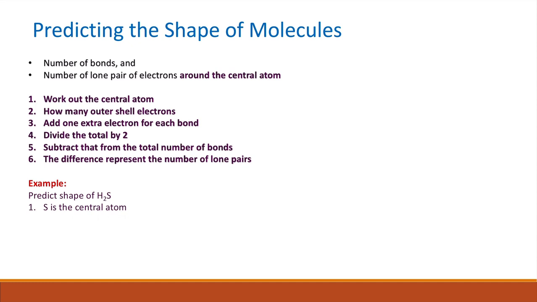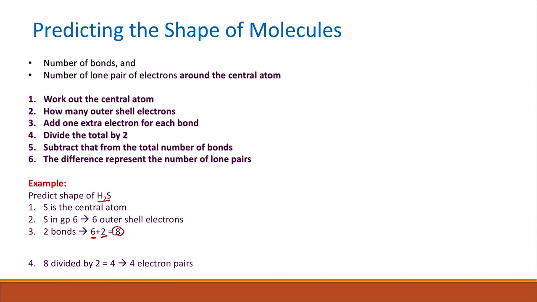Then first of all, the central atom here is the sulfur, and sulfur is in group 6 in the periodic table, so there are 6 outer shell electrons. There are 2 bonds because H2S, and so we add these 2 electrons to the 6, so in total there are 8 electrons now.